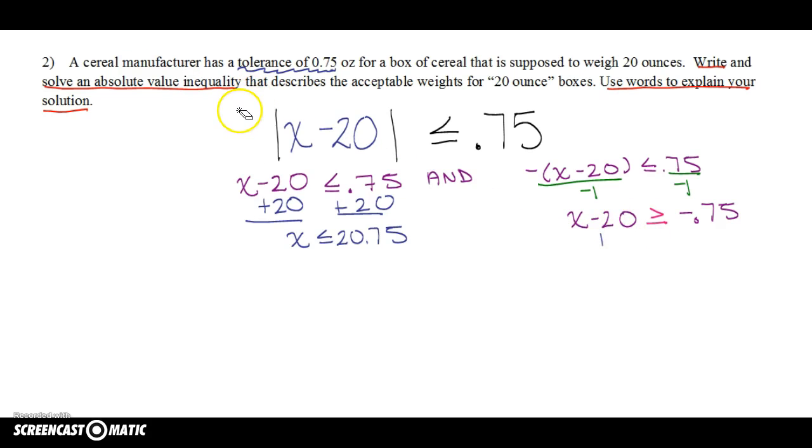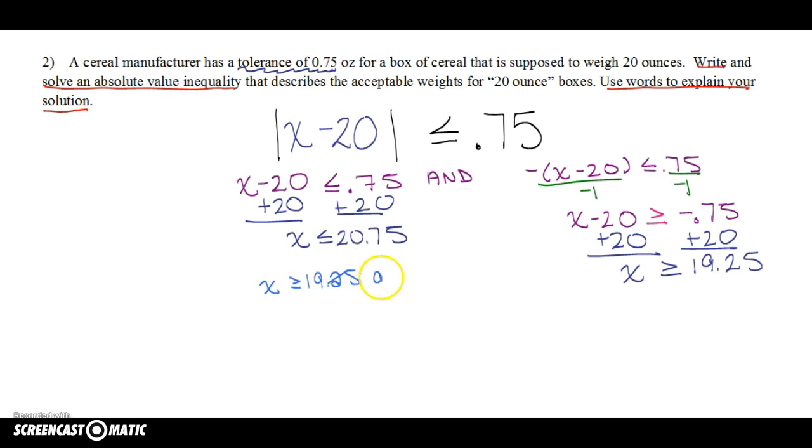And we'll add 20 to both sides again. So in set builder notation, we're looking for values that are bigger than 19.25 and less than or equal to 20.75.